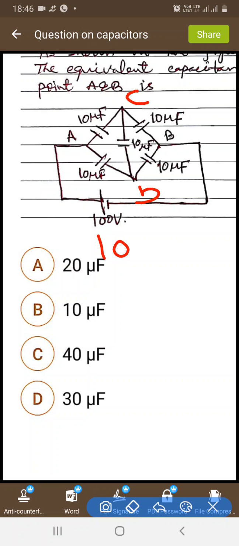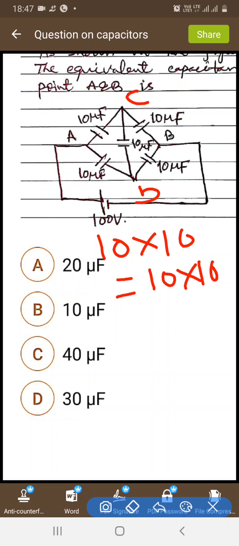So here see 10 multiply 10, that is CAC multiply CDB is equal to opposite side CAD multiply CCB. So 10 into 10. Therefore no charge flows through the branch CD. Now it means circuit will be as 10 in series.